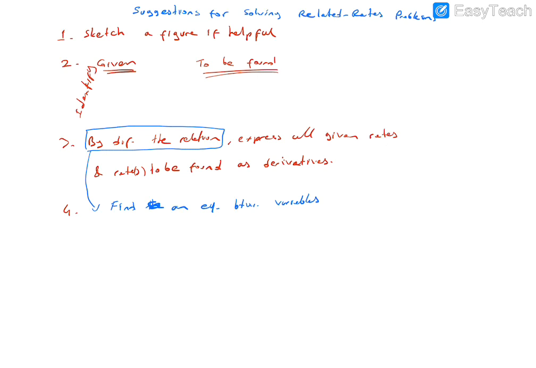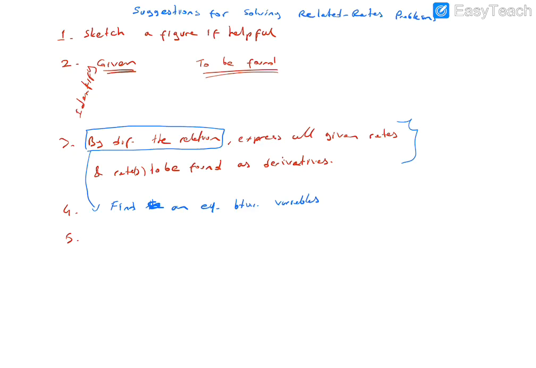And in the fifth step, by differentiating, we will calculate this relation. In step 3, we just express, not the relation between the rates, the related rates.